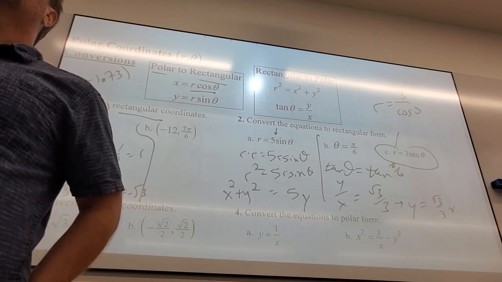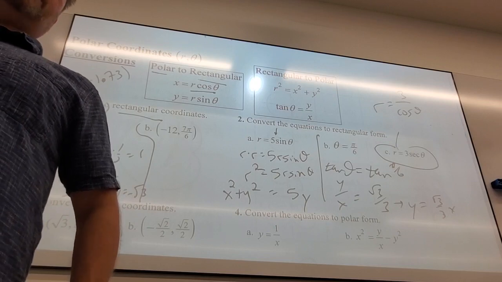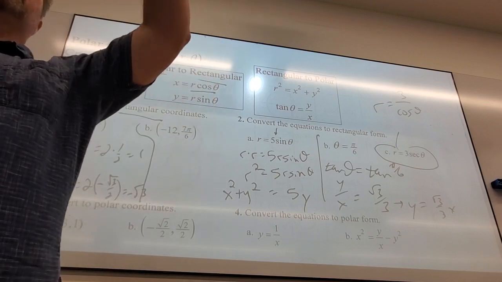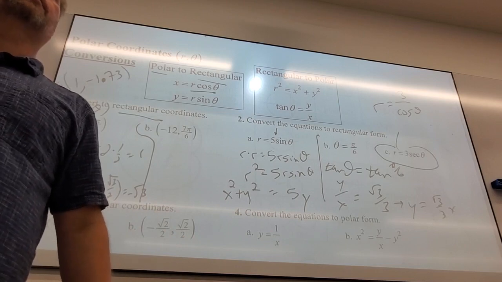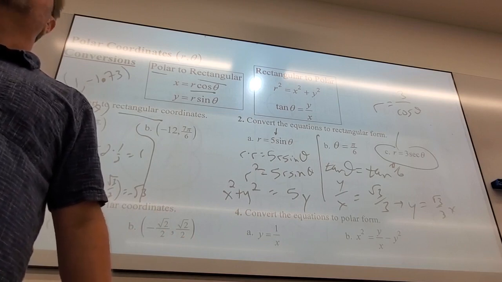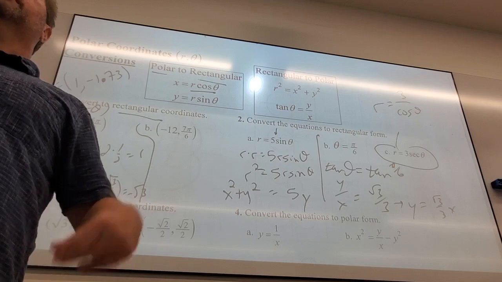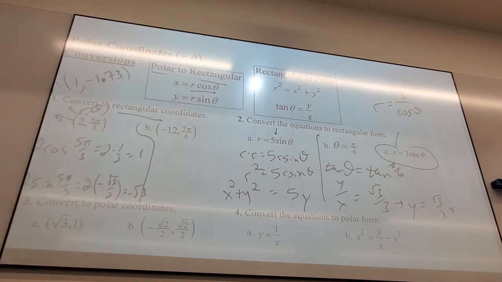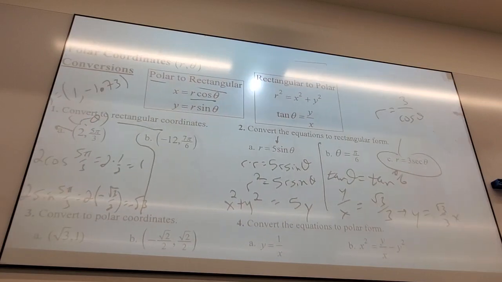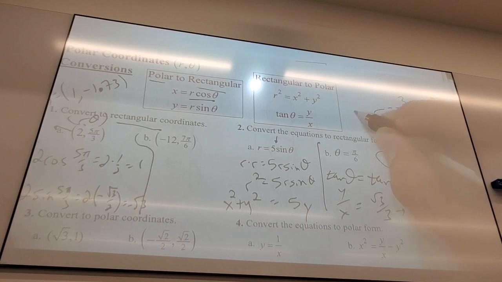How do I... This sucks. Why? Because my cosine is underneath. So how do I kill it so it's not in the bottom anymore and it shows up on the other side? Yeah, you multiply by cosine.